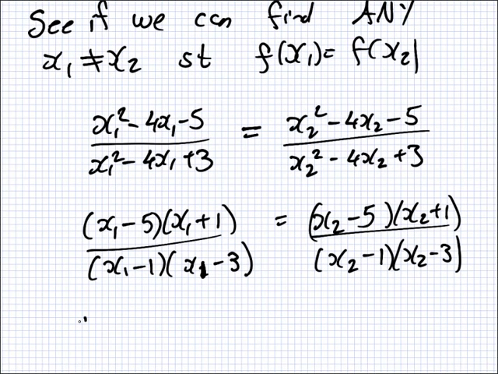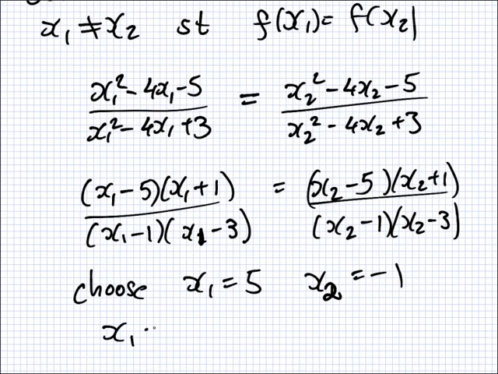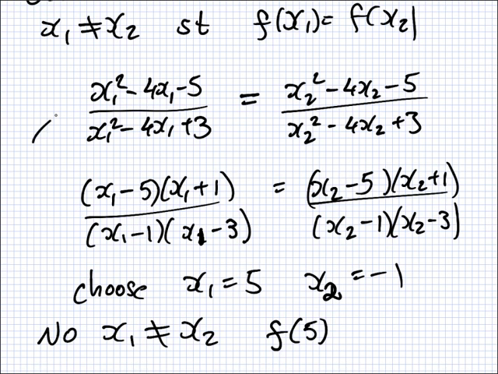Now, choose x1 equals 5 and x2 equals minus 1. Does x1 equal x2? No. But if you calculate f of 5, if you put 5 in here, what do you get?